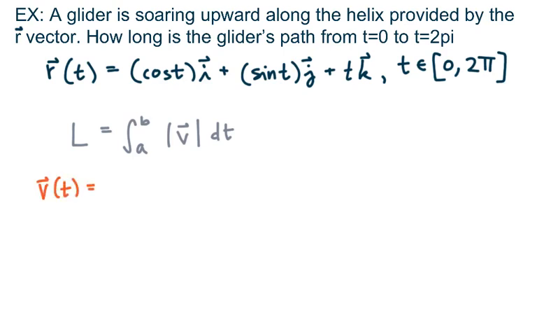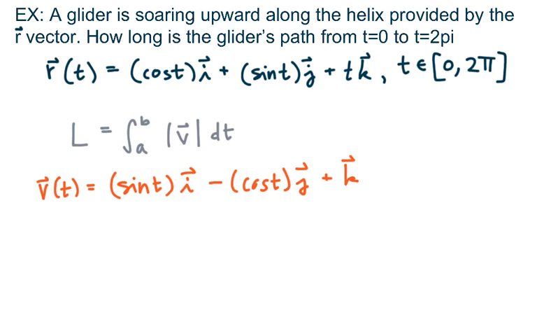The velocity v of t: the derivative of cosine t is negative sine t, i; the derivative of sine t is cosine t, j; and the derivative of t is 1, so I would just have plus k.